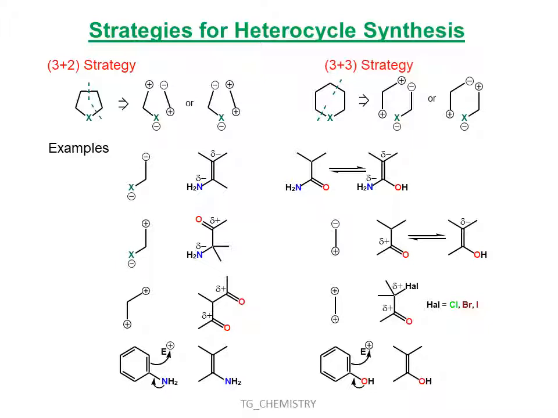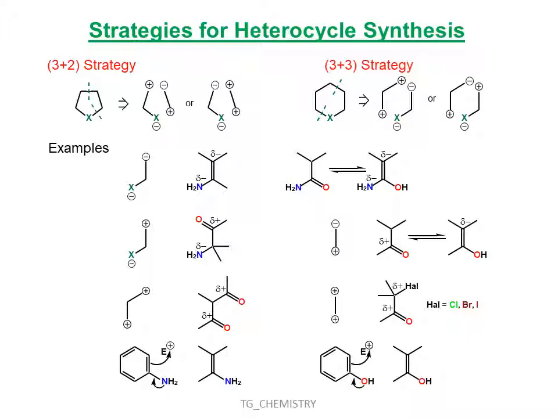And as you can see, the imine, the enamine, the alpha-amino carbonyl compounds, and 1,3-dicarbonyl compounds can be commercially available synthetic equivalents that can be used in a 3 plus 2 strategy to synthesize 5-membered aromatic heterocycles.